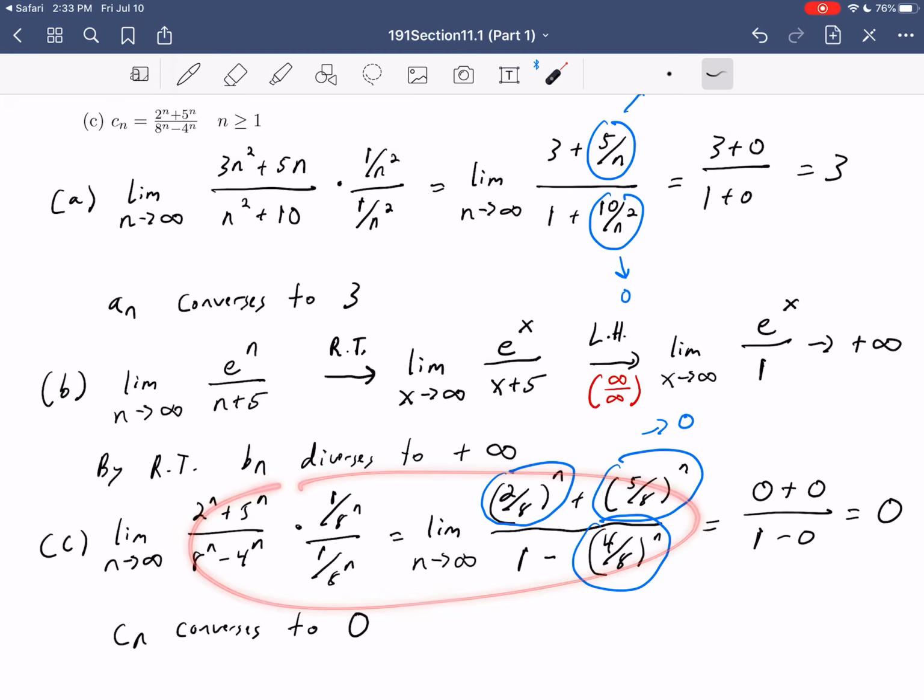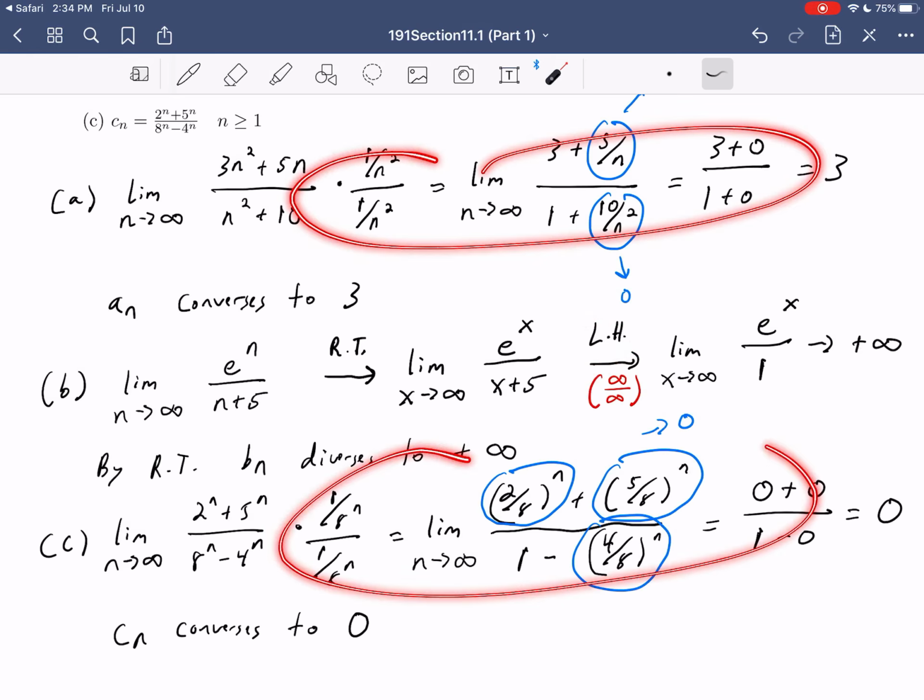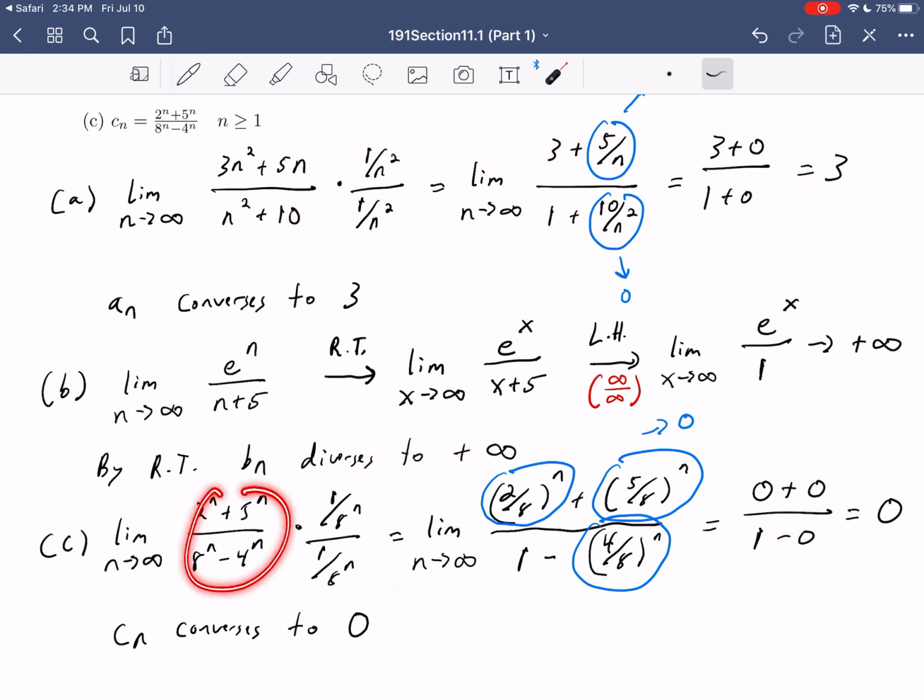Here, even if you put it in terms of x and you attempted L'Hopital's rule, exponentials like this will not simplify under differentiation, so it won't help you, and you'll be forced to analyze it the same way. So my big recommendation here in these first couple examples is that you should use this replacement theorem only when you feel like you absolutely must use that L'Hopital rule. If you can analyze the limit algebraically, it is much better to leave the sequence as a sequence and proceed from there.